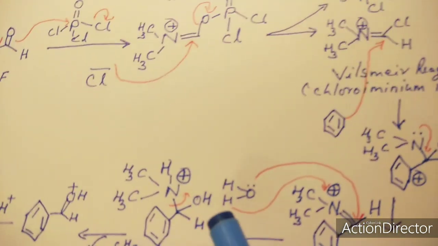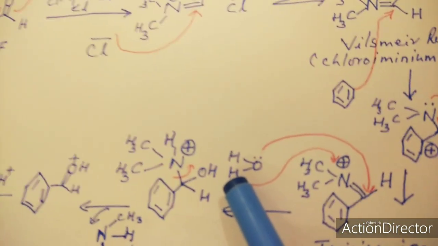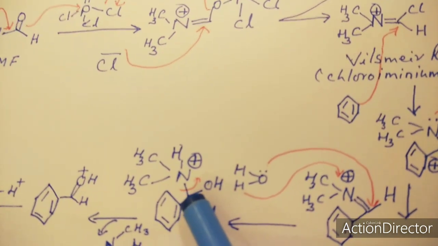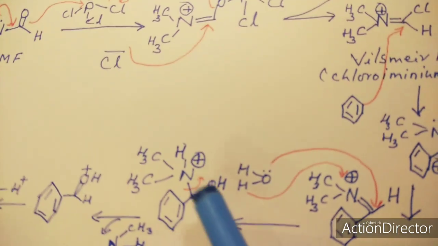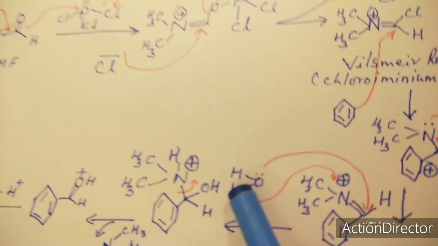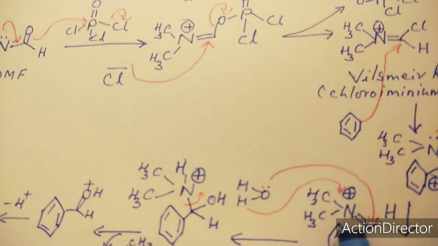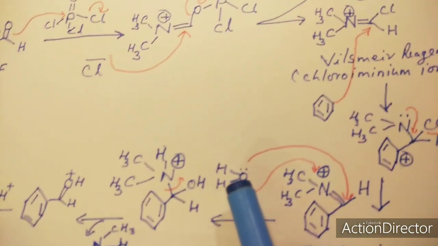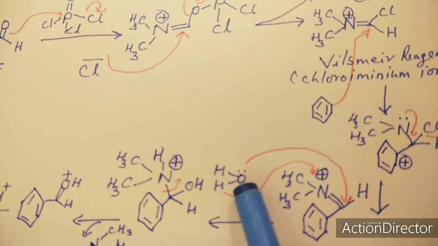So nitrogen positive here, as a result of this, is again changed, because this carbon is no longer now carbon double bond. Carbon has got the electron pair from where? From OH. So this carbon gets the electron pair from oxygen. Which oxygen? Of water.